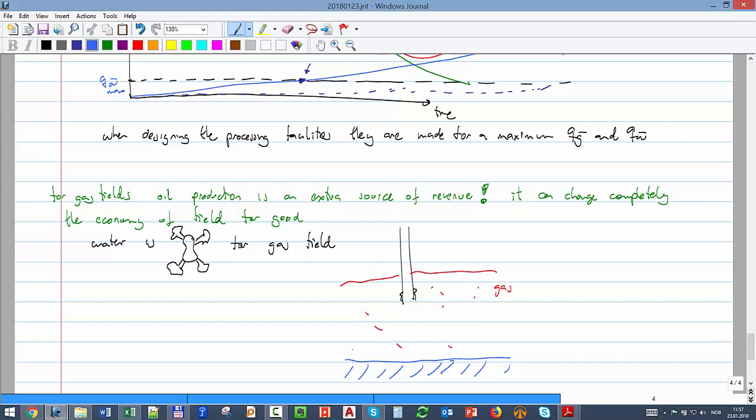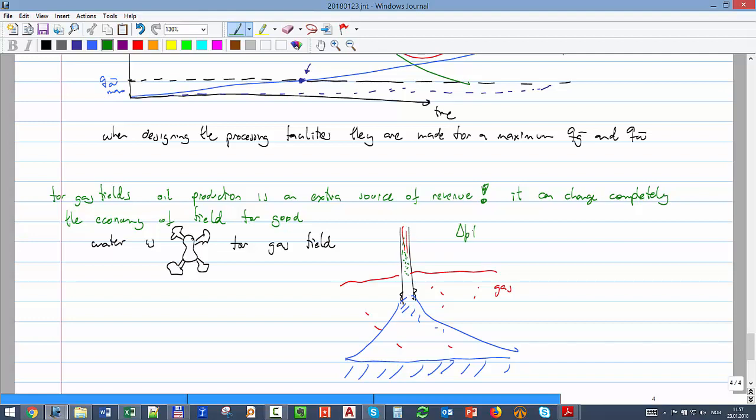But then for some reason the aquifer starts invading and reaches the wellbore, and that makes a very big change on the pressure drop in the tubing, because before I had mainly gas with maybe some droplets of liquid, oil or water. But then when I have this, it is completely different.